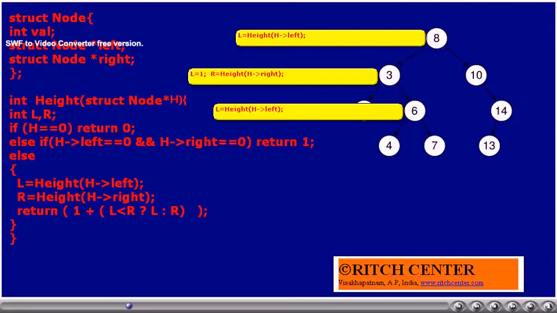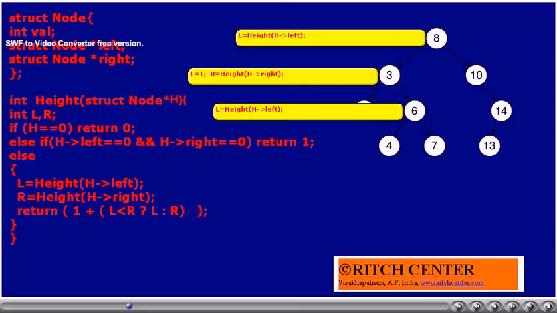Thus, with this node also we are supposed to call the statement L is equal to height h arrow left. That is, for this node whose value is 6, we have to find out the height of the left subtree.